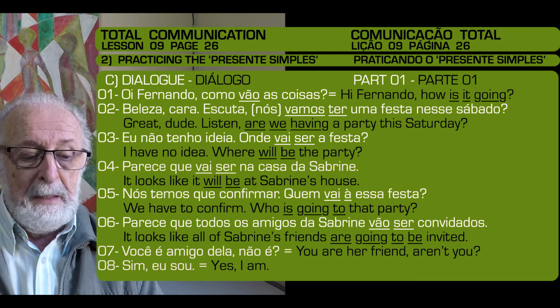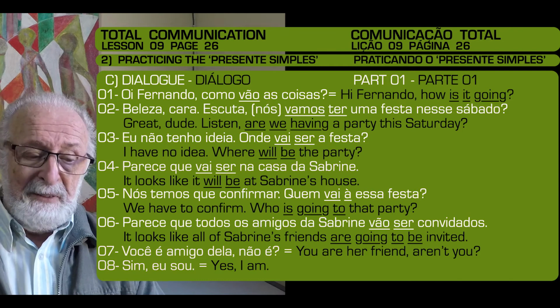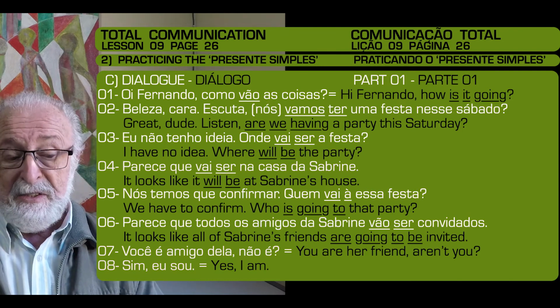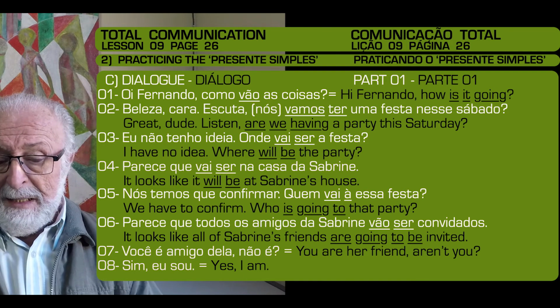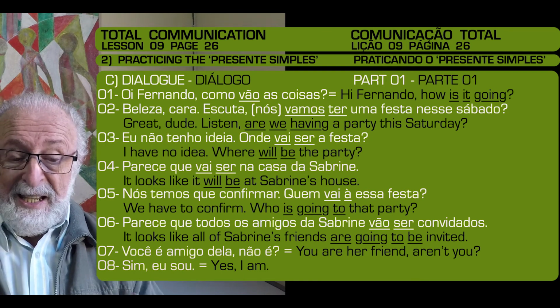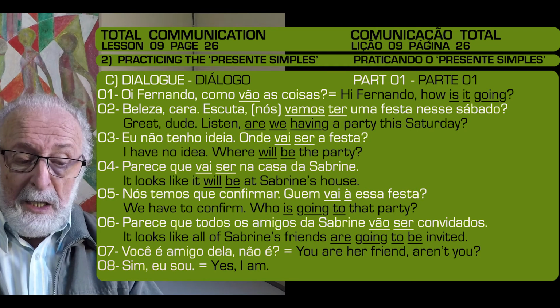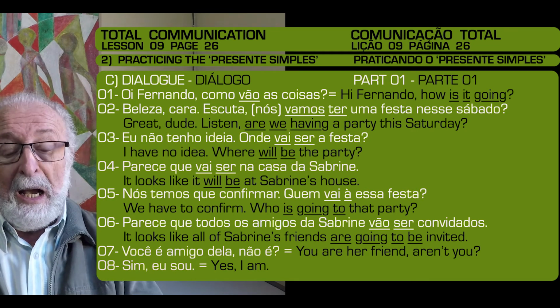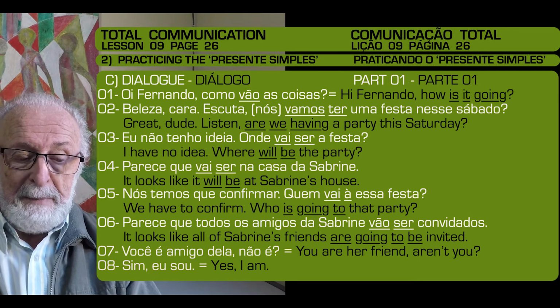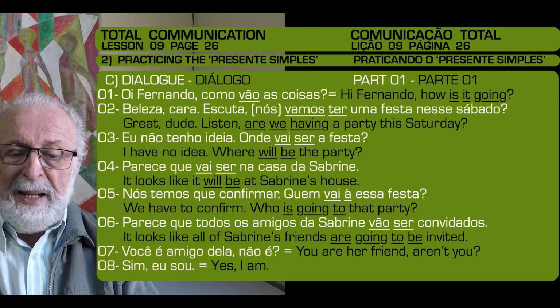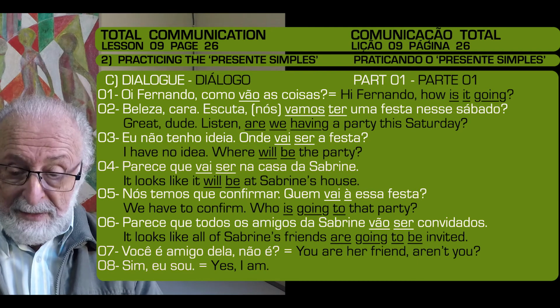Okay. In line 7, the guy says, você é amigo dela, não é? Você, you. You are amigo dela, her friend. Amigo dela is in a reverse way. You are her friend.